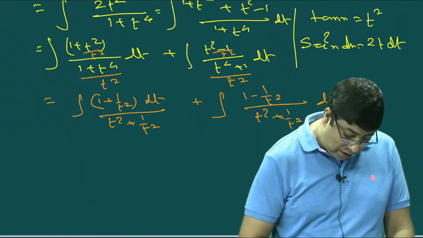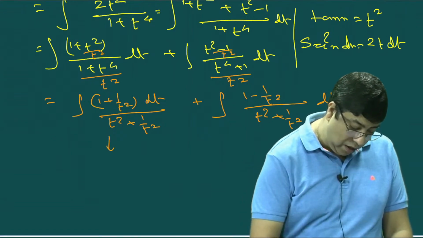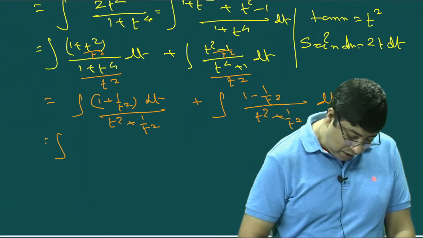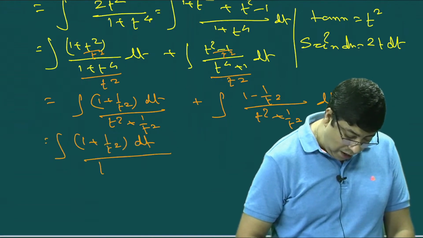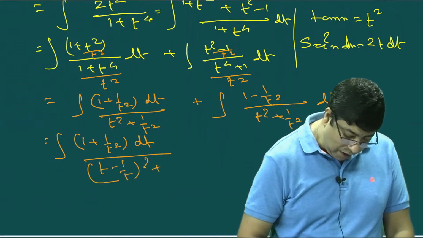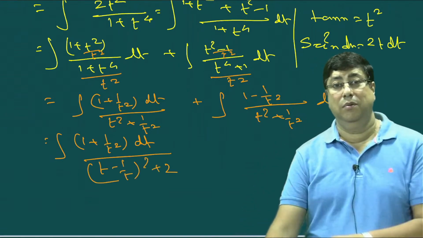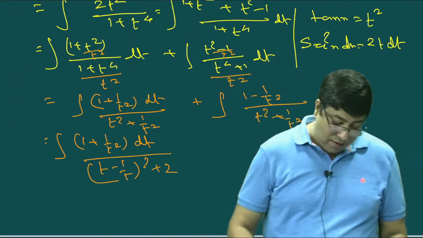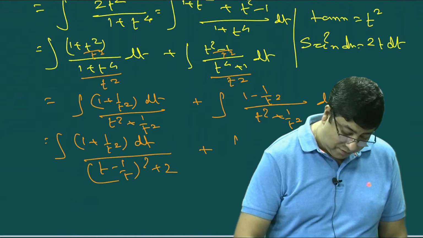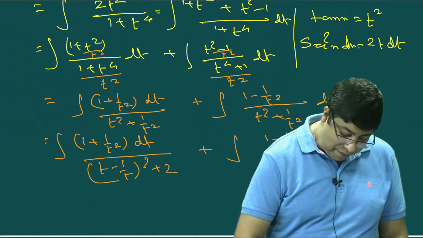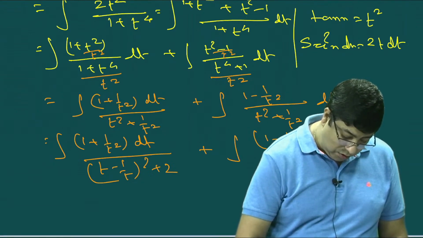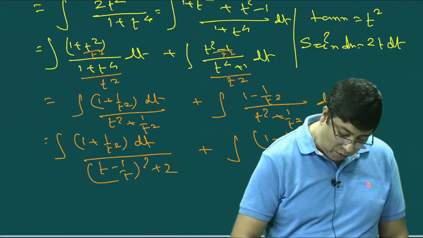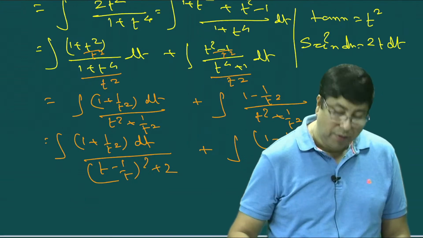So in this case t minus 1 by t, I am just arranging for you, and this particular integral is very important: a minus b whole square plus 2ab, again that is for 1 by a tan inverse x by a formula. Similarly, 1 minus 1 by t square, so we have to take a plus b whole square minus 2ab.